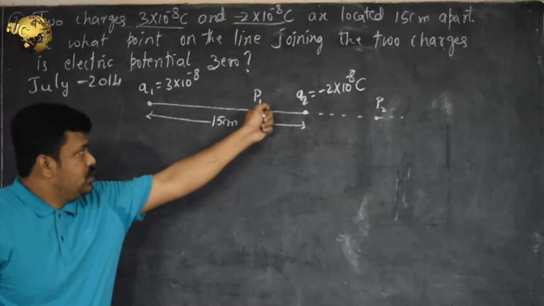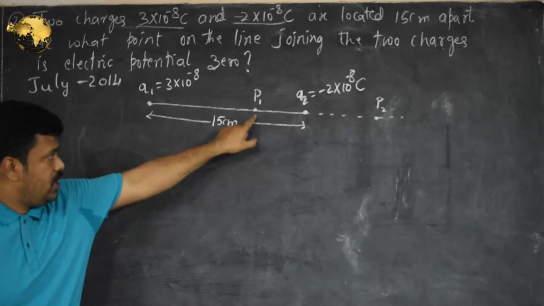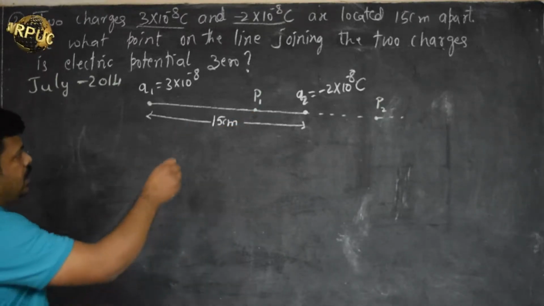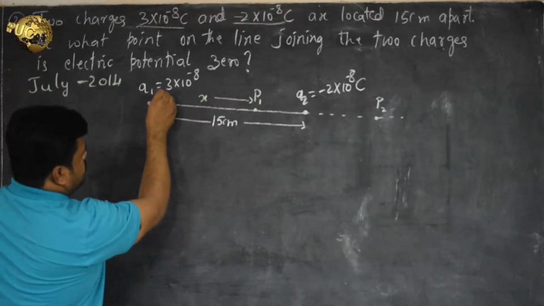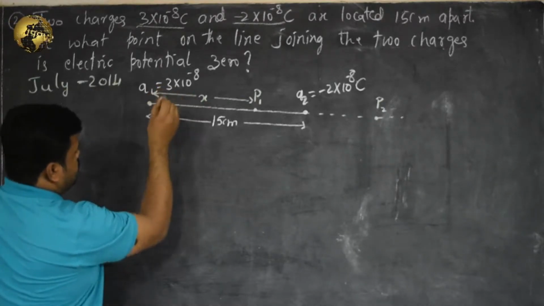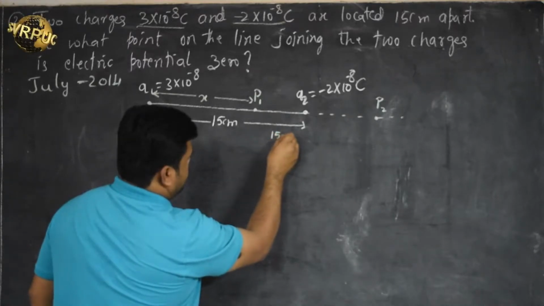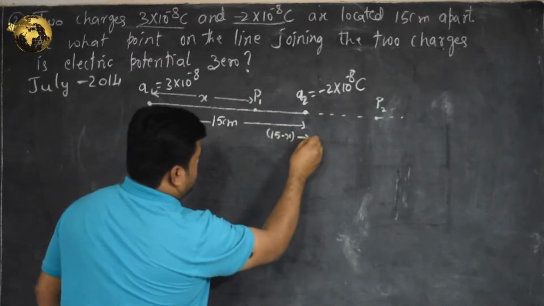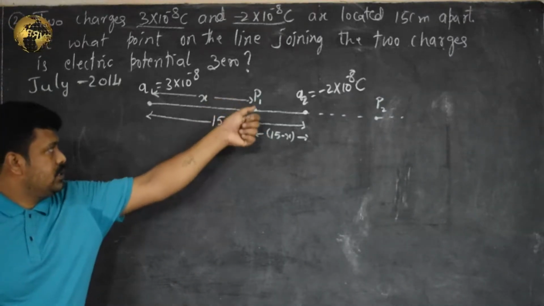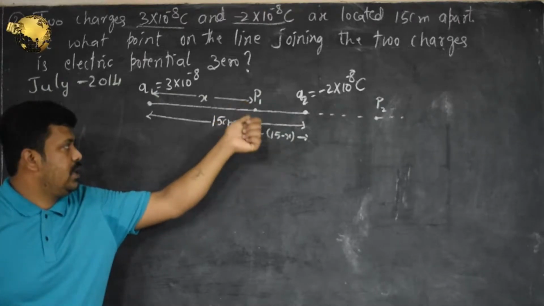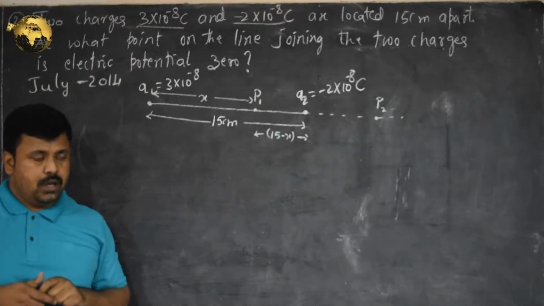So let's find out P1. For this I consider P1 at a distance of x from Q1. Call this distance x, and the remaining I can call 15 minus x in centimeters. So the remaining distance is 15 minus x, that's the distance from Q2 to point P1.